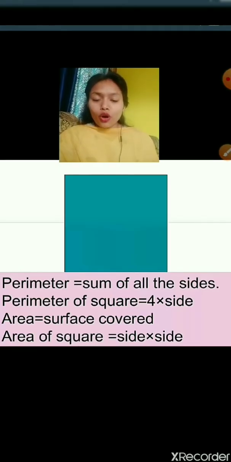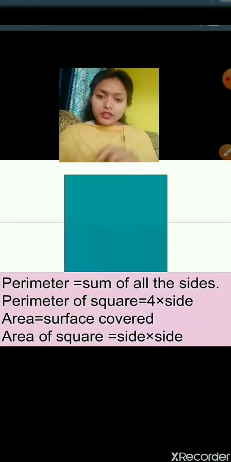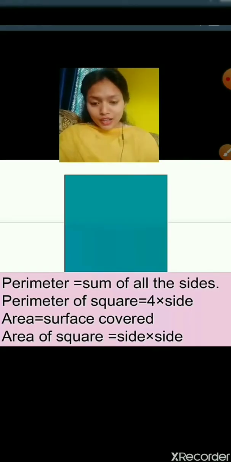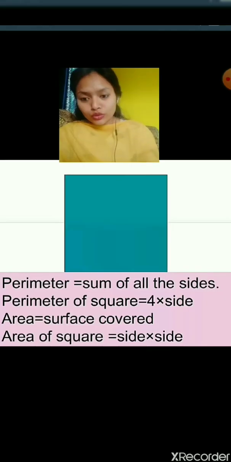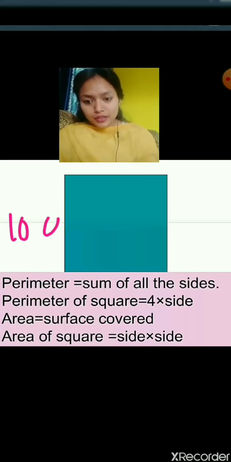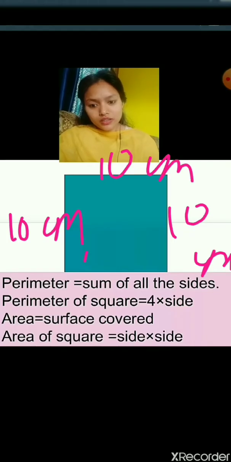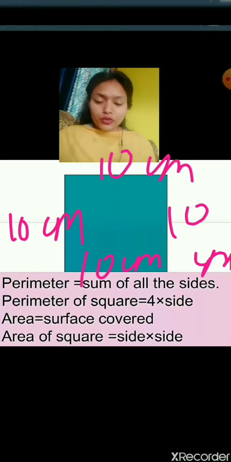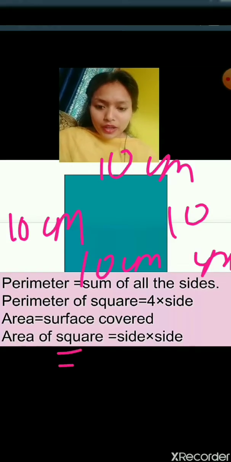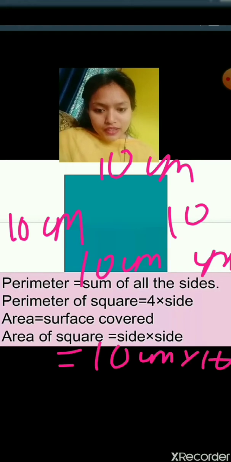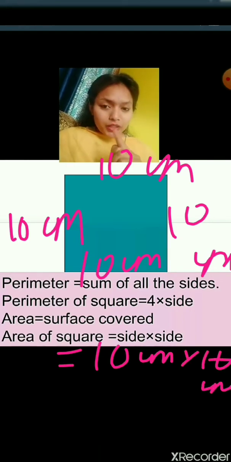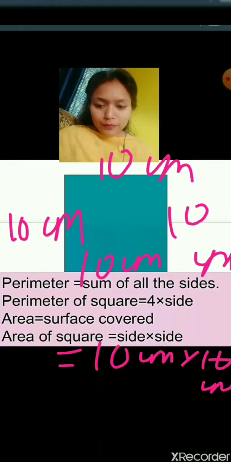Now you all must be thinking, ma'am said 100 square centimeter. Why square centimeter? Why not something else? Now let's see. I told you this is 10 centimeter, this will also be 10 centimeter, and this one 10 centimeter. We found the area as 10 multiplied by 10, so 10 centimeter multiplied by 10 centimeter will be 100.